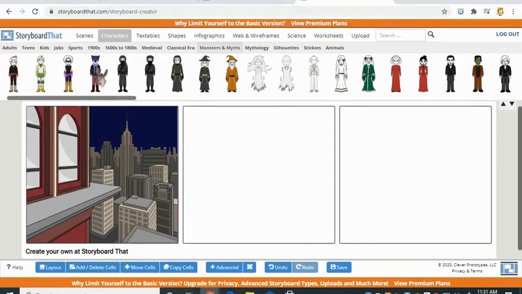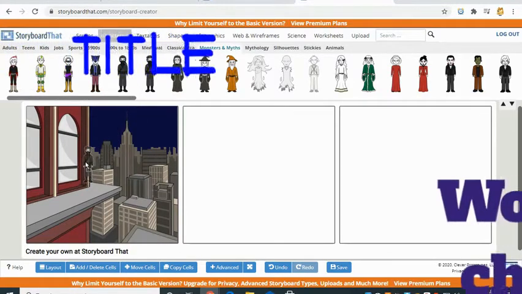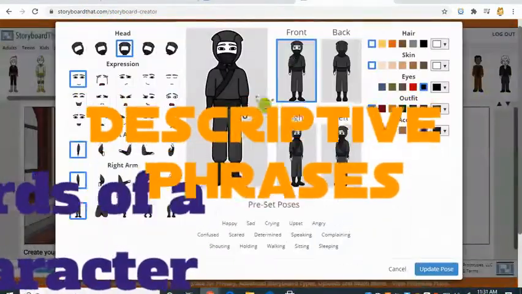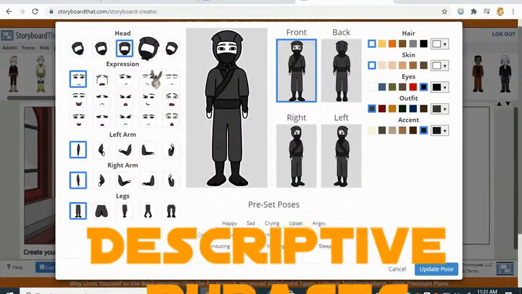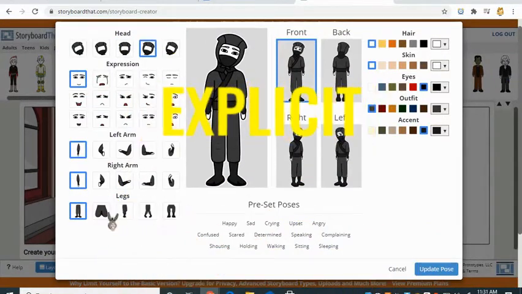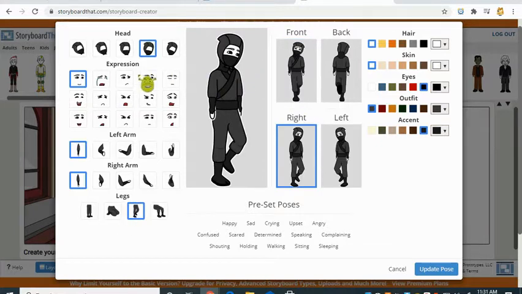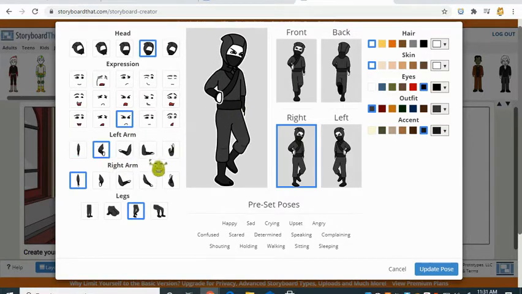Now, you can figure out a story's theme by its title, maybe the words characters use in the story, or descriptive phrases, right? These are what we would call explicit pieces of information. Remember, explicit means it's directly stated. So if we look at the title, words a character uses, phrases, those all show the theme explicitly.